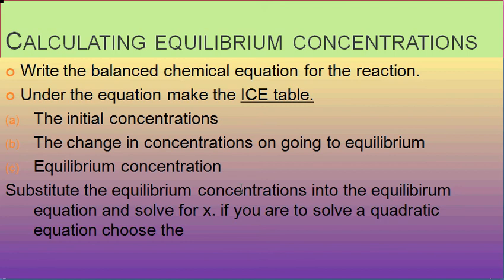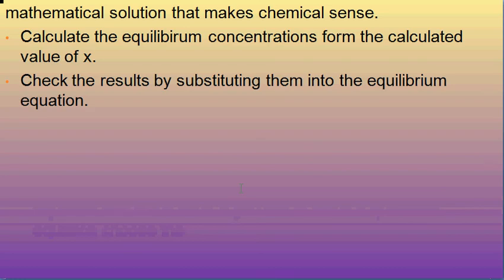If you solve a quadratic equation, choose the solution that makes mathematical and chemical sense. Calculate the equilibrium concentrations from the calculated value of x. Check the result by substituting them into the equilibrium equation.